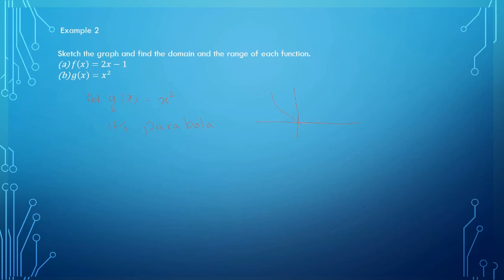Okay, where it passes through the points 0, 0, and 1, 1, and minus 1, 1. Okay, so to get the domain and the range we do the same thing.